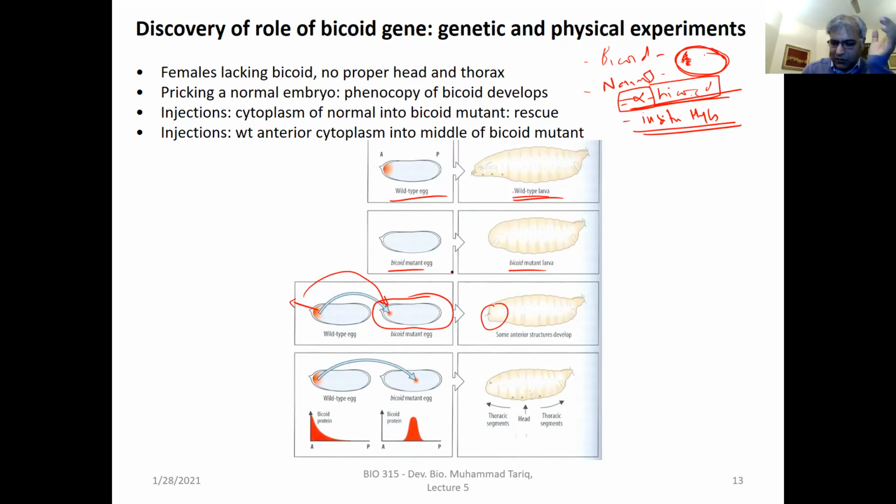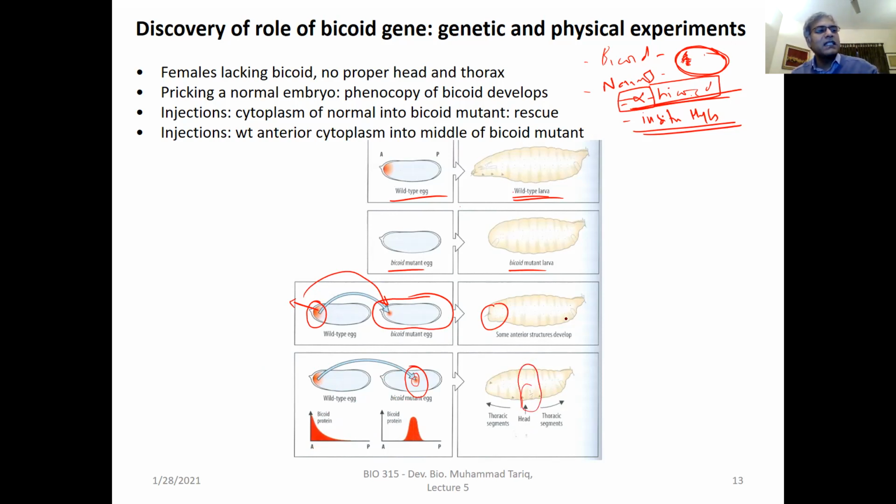Now, the next experiment was even more interesting. They said, okay, let's take this wild type fluid and inject it in the middle of the embryo. And what they found was that this transfer of fluid from wild type into the middle of the embryo resulted in head-like structure in the middle of the embryo.